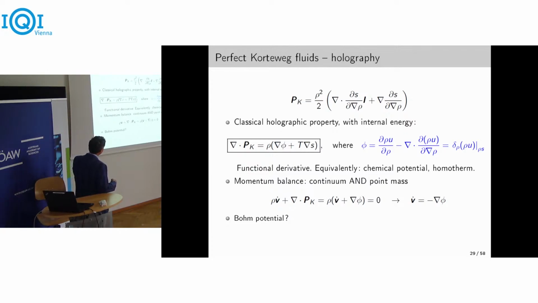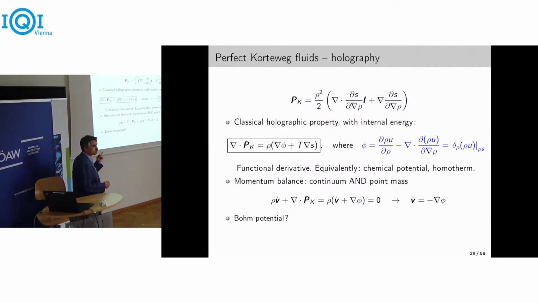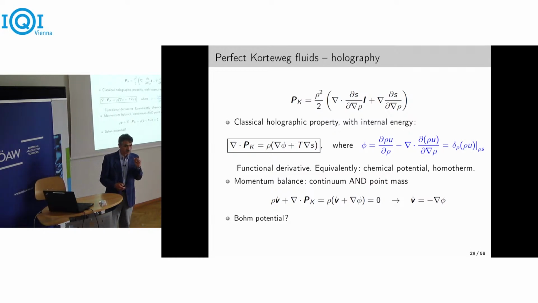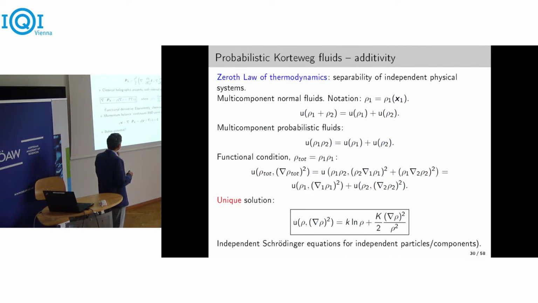Therefore, the momentum balance can be expressed in this way. So because of thermodynamics, the fluid became holographic. Therefore, there is a transition between the particle and field representation, or at least mentally. Of course, those are all fields. And the next question is whether and under what conditions this phi could be the Bohm potential, which, you remember, depends on the first and second derivatives of rho and rho itself, but in a very particular way.